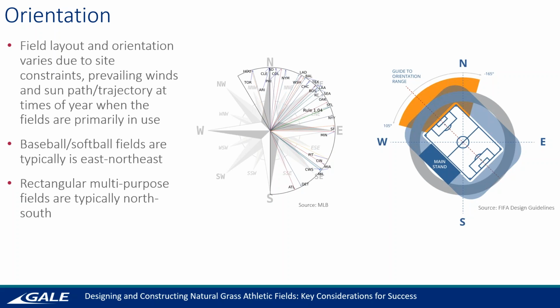When you're switching over to baseball, this little compass diagram is taken from Major League Baseball, documenting all their major league facilities and the orientation they have here. And as you can see, there's a lot of ranges that can happen, but primarily you want to be in the east to northeast orientation.